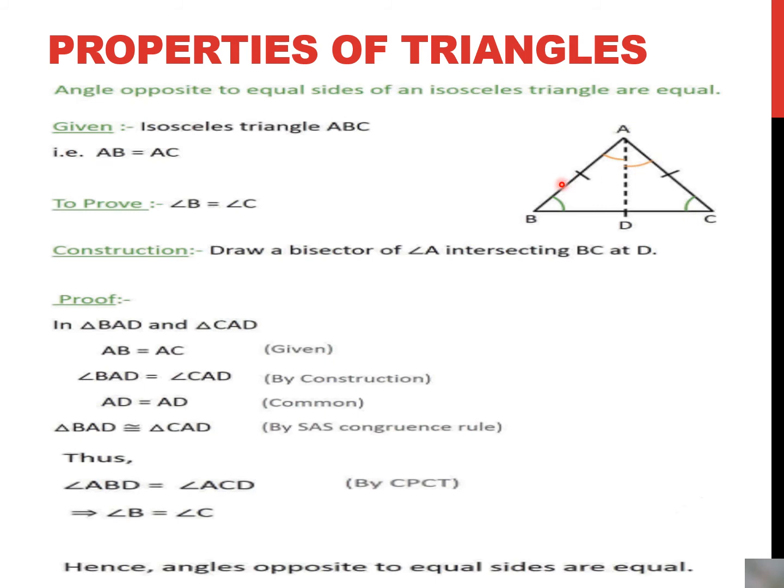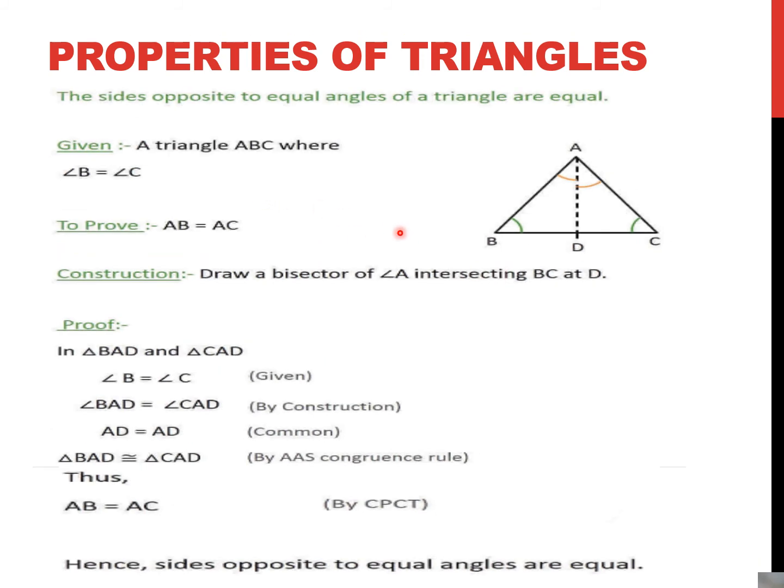So which congruence rule can you see here? SAS. So they are congruent. It means triangle BAD is congruent to triangle CAD. And when triangles are congruent, all their angles are going to be equal. It means angle B is equal to angle C. And you can see here we have written CPCT, meaning corresponding parts of congruent triangles.